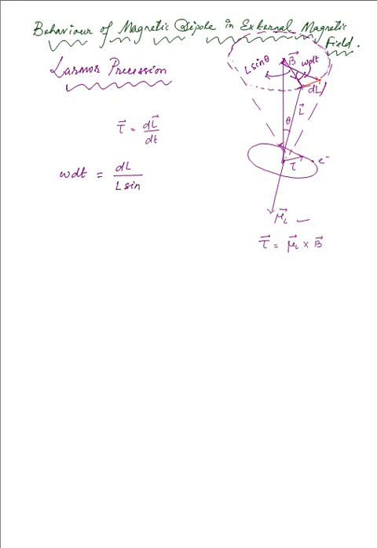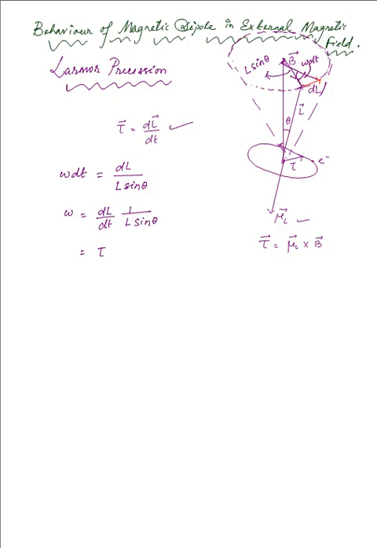So dl over L sine theta is equal to the angle, which is omega dt, omega being a constant angular speed with which the angular momentum precesses about the external magnetic field. Now we know that omega will therefore be dl over dt multiplied by 1 over L sine theta. Now dl over dt is simply the torque, which we have already discussed.